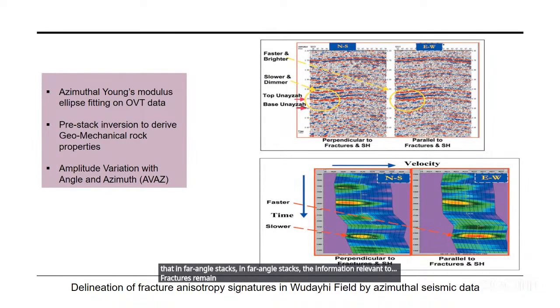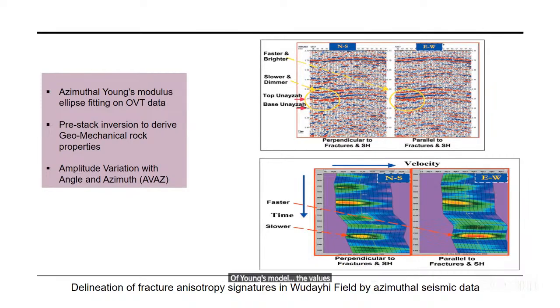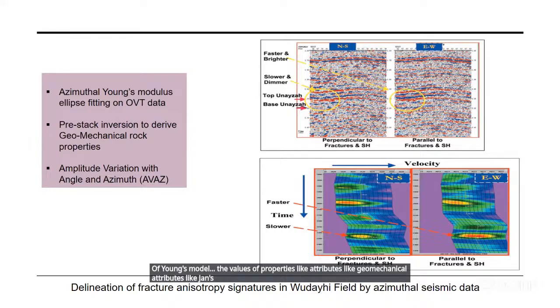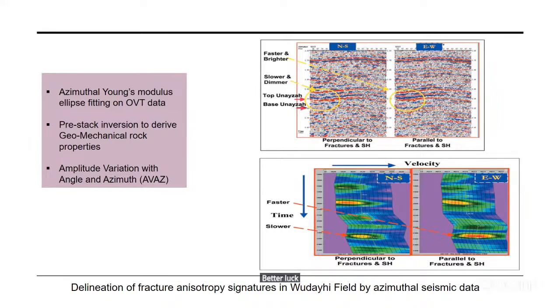That's the assumption. The behavior of geomechanical attributes like Young's modulus and bulk modulus in a brittle rock, meaning rocks which tend to have fractures, is different from a ductile rock.